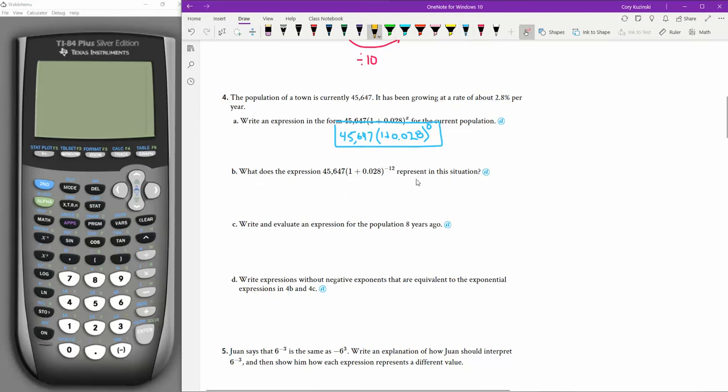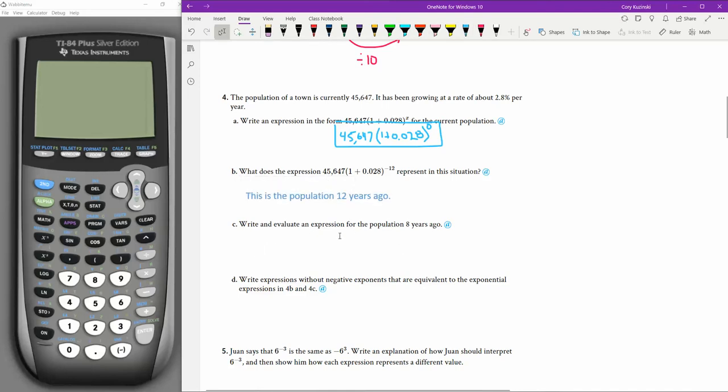What does this expression represent in the equation? Okay, so that expression is the population 12 years ago. Yeah, 12 years ago. So the negative 12 means if we went backward 12 years. So what about 8 years ago?